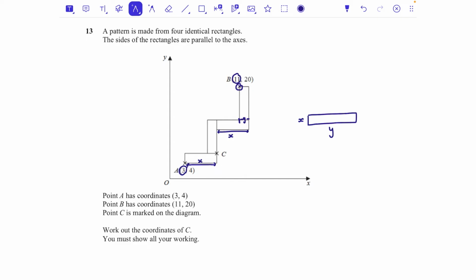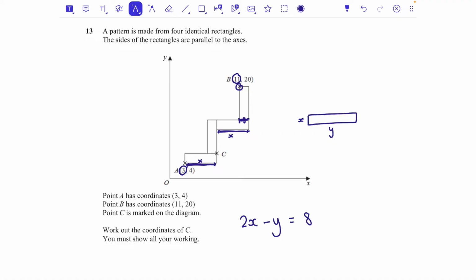So I know that to get from 3 to 11, I've gone across by 8. So therefore, this x and this x, subtract a y, needs to equal 8. So 2x minus y equals 8, because we've gone across by 2 x's, but we've come back by y to get from 3 to 11.